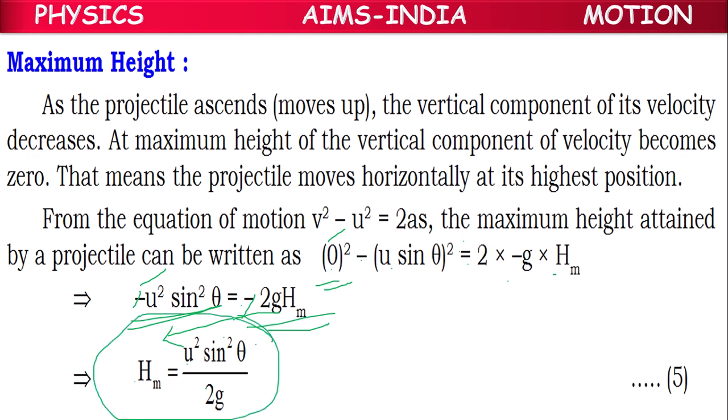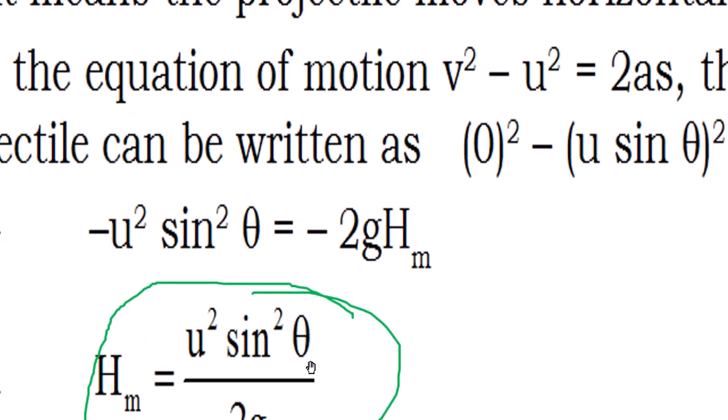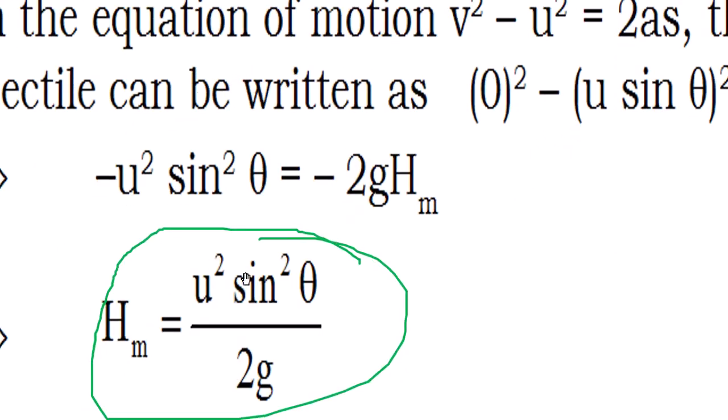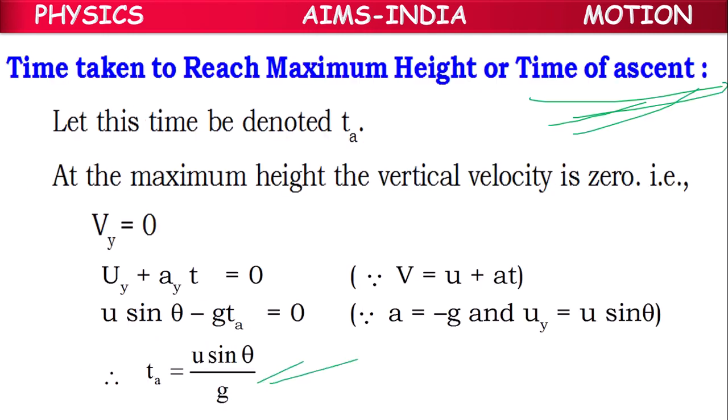So in this way we got the equation for maximum height. The equation for maximum height in the case of an oblique projectile is H_m equal to u square sin square theta by 2g. So children, we have got the equation for maximum height.